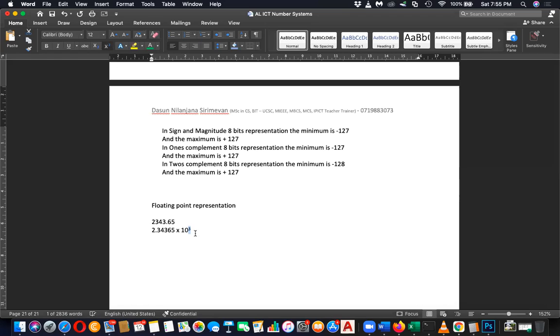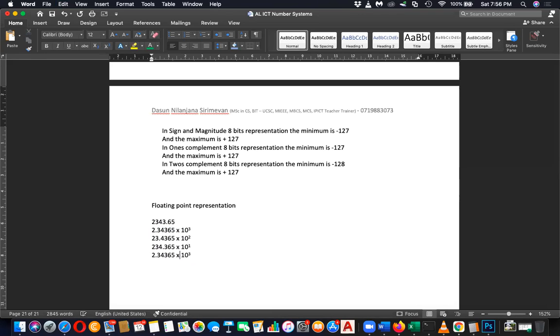This is valid. You can write this number as 23.4365 times 10 to the power 2. You can write this number as 234.365 times 10 to the power 1.